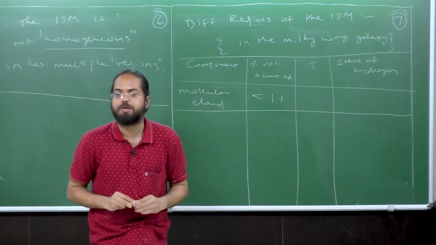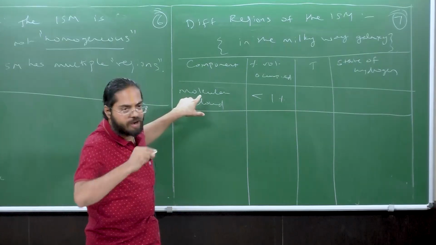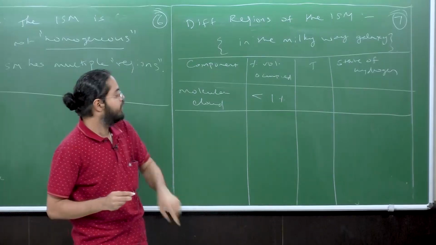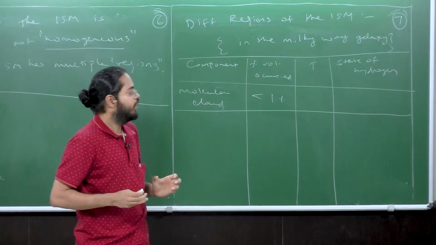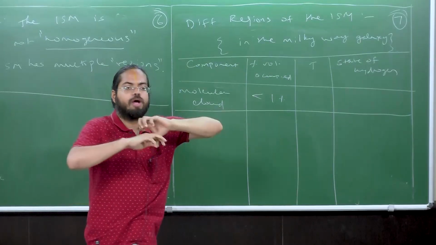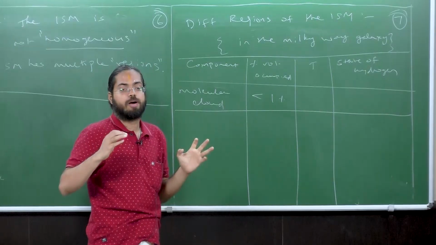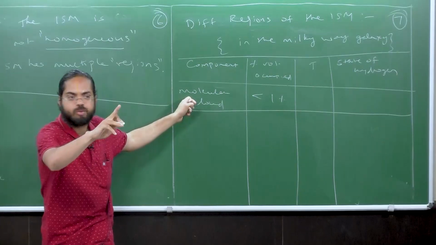So you can imagine how sparse the interstellar medium is. But despite the interstellar medium being sparse, the molecular cloud is actually pretty dense. It only occupies less than 1%. So it is this dense region that is responsible for a lot of chemistry of the molecules happening in the universe. Okay, so please note this subtle point.